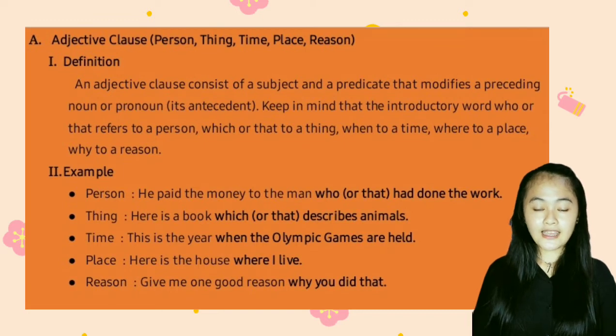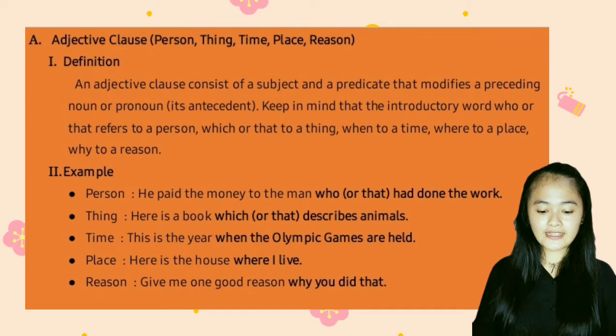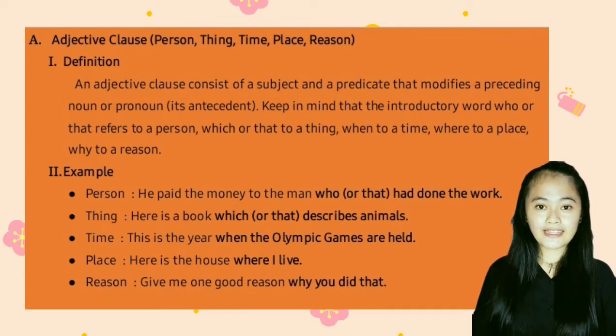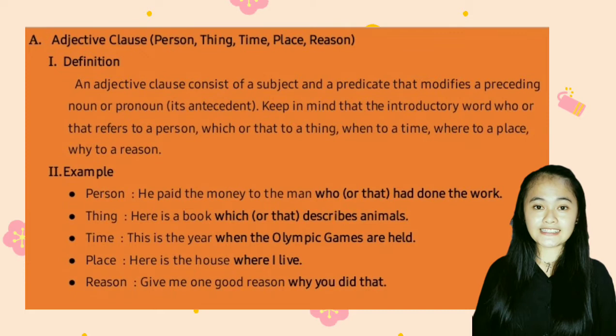Second is a thing. The introductory word is which or that. For example, here is a book which describes animals. Here is a book is the main clause and which describes animals is the adjective clause.